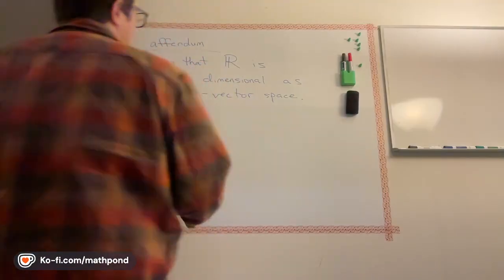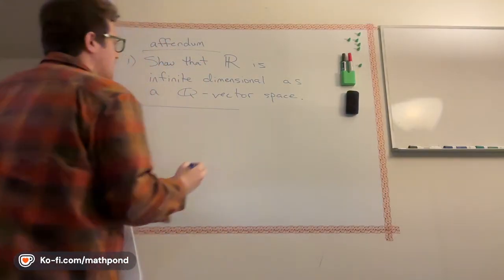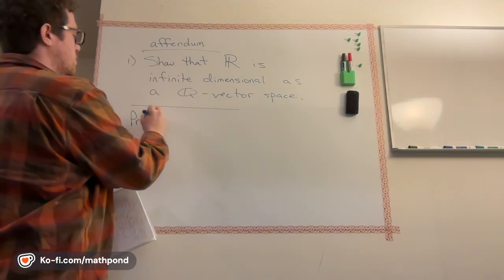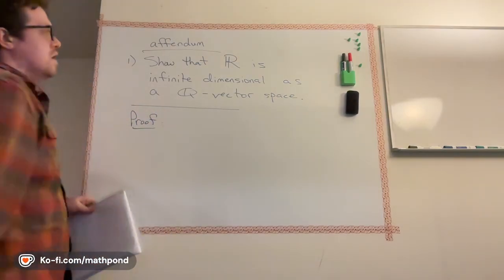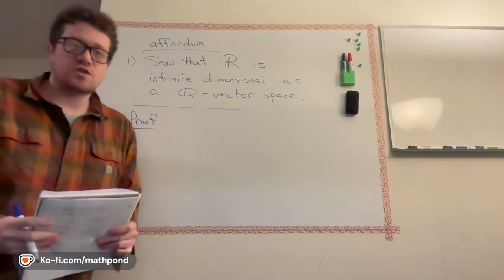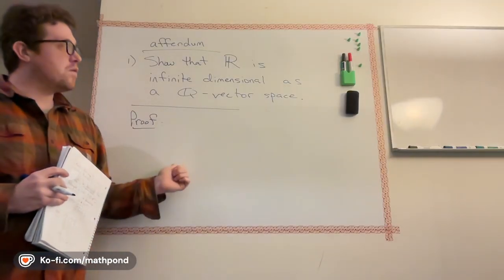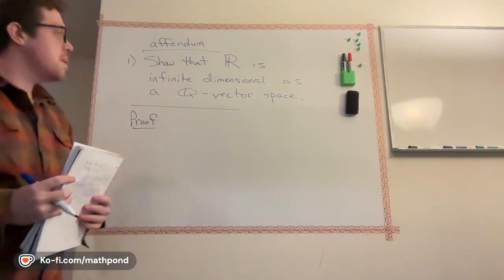So how I would argue here is, assume for contradiction that it was finite dimensional, and then we'll write down some basis.